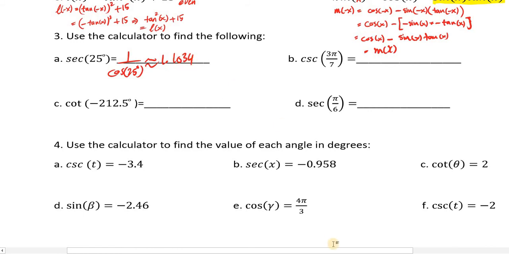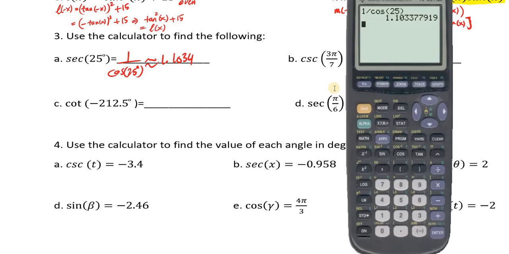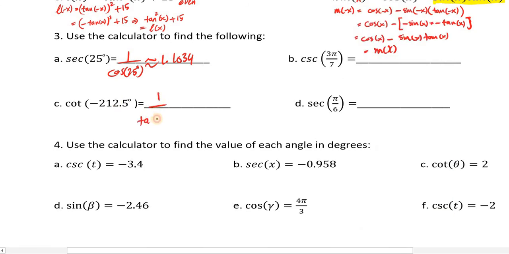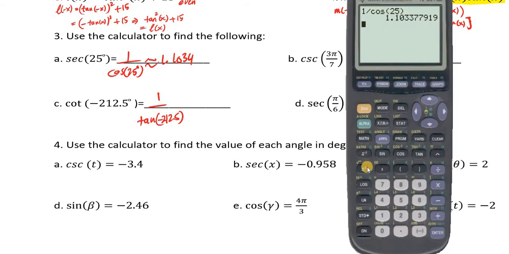Similar, I am still in the degree mode, so I can do the next one. And this is cotangent, so this is 1 over tangent of negative 212.5. Here, I'm going to say 1 over tangent. And I will use the negative button at the bottom that has parentheses. Don't use the minus sign, please.